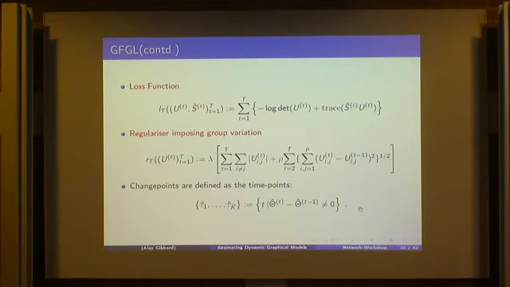The change points would be defined as the cases where theta_t and theta_{t-1} differ. As I was pointing out, you can immediately see that because of this Frobenius norm, this is not separable, and this places another challenge in the theoretical setup, because there are methods where you can work with the separable norm, but when the norm is not separable, there are certain ways you have to deal with that.